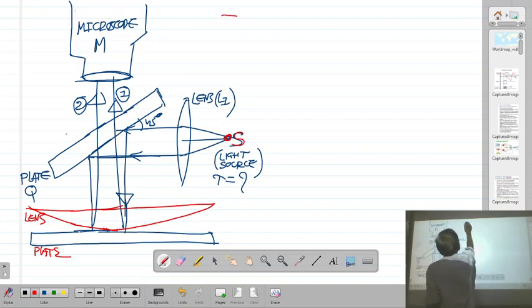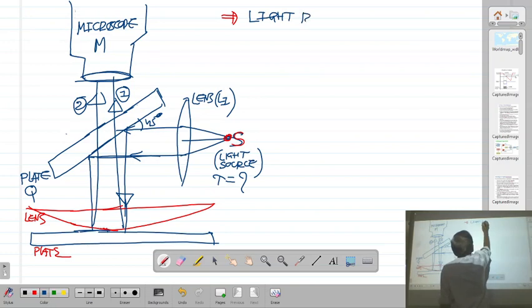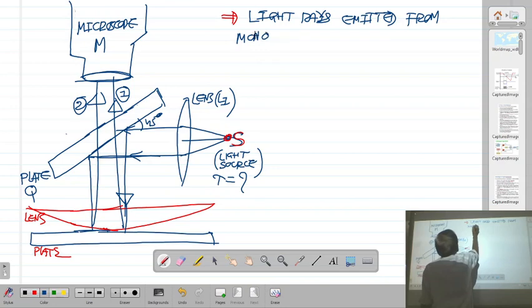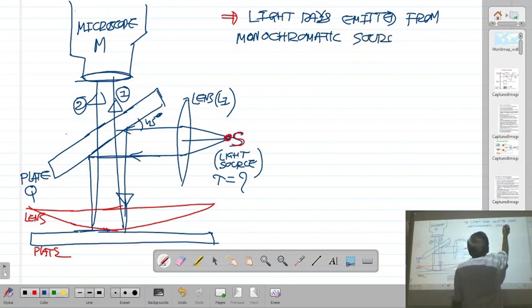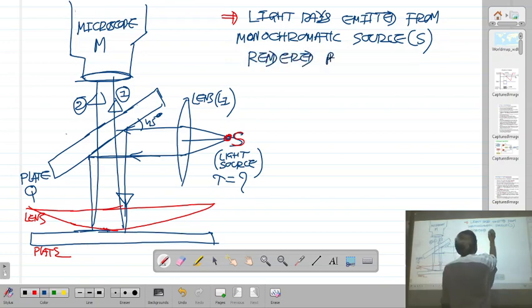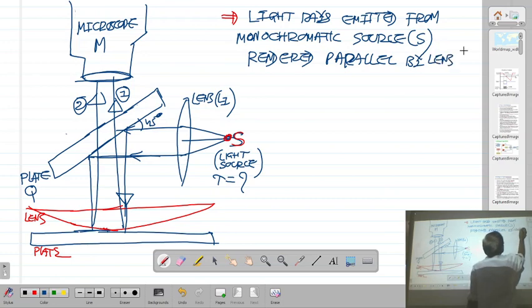As shown in the figure, the light rays emitted from monochromatic sources become parallel, rendered parallel by a lens.